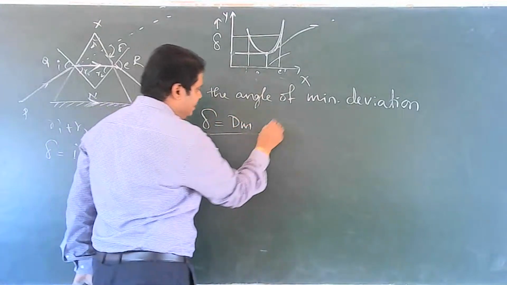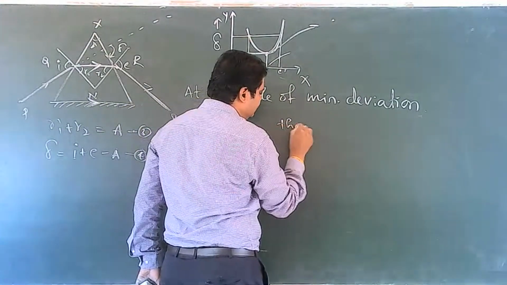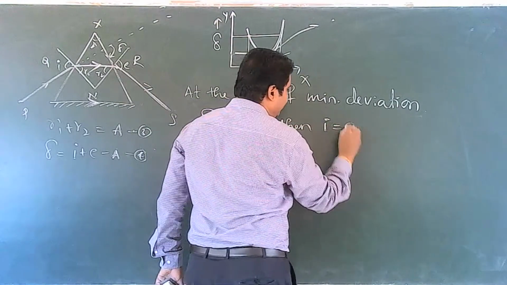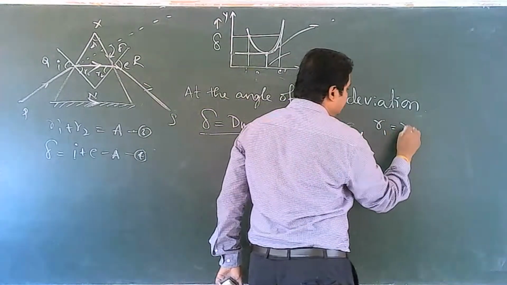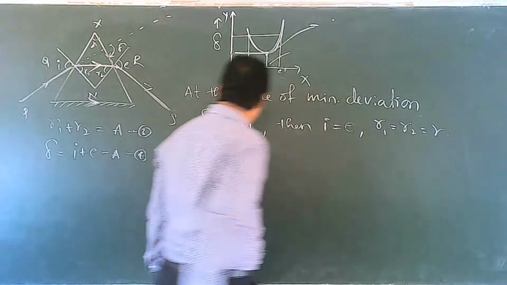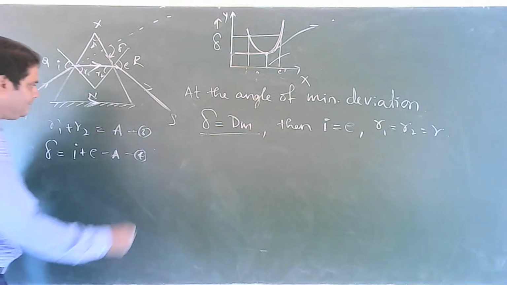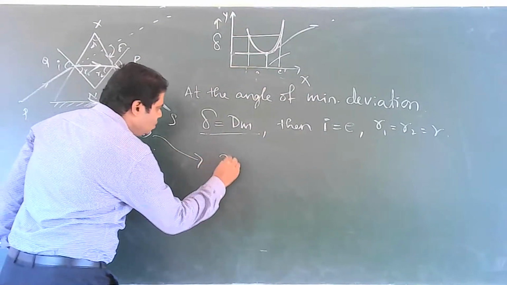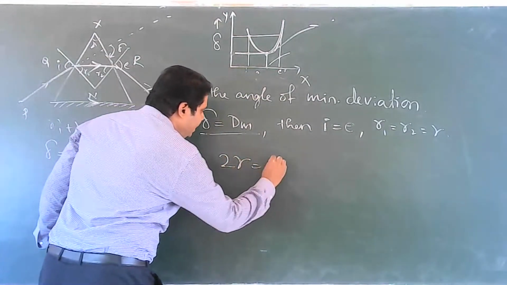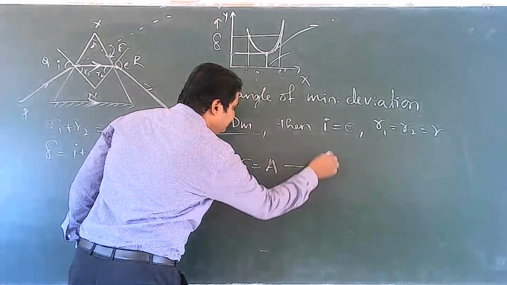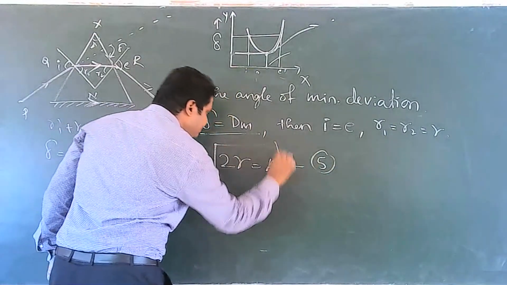We call delta as dm. Then I will be equal to E. R1 is equal to R2 is equal to R. Now we can change these equations. Instead of R1 and R2, let me write this equation as 2R is equal to A. Equation 5. Very important.